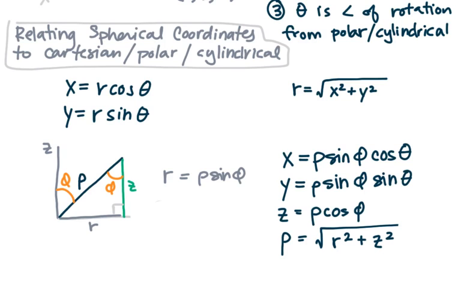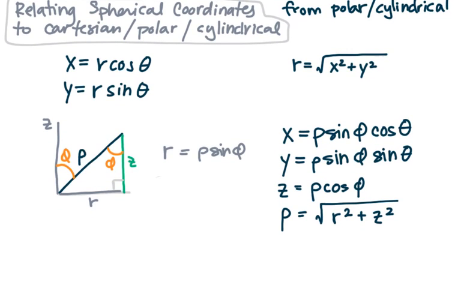So that would be relating to cylindrical, because we have an r and z in cylindrical. But then if we had Cartesian, r squared is equal to x squared plus y squared. So then we'll have plus z squared.